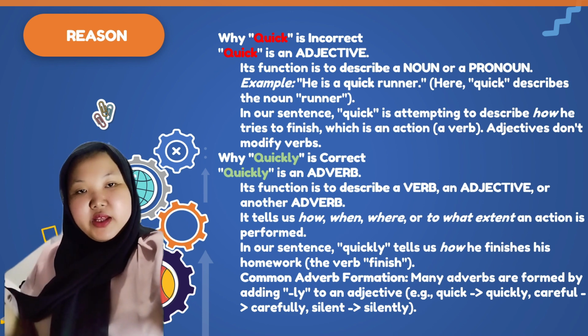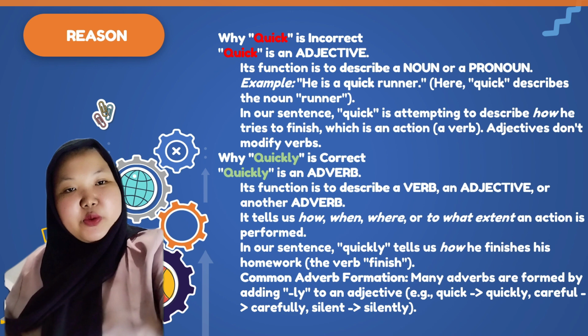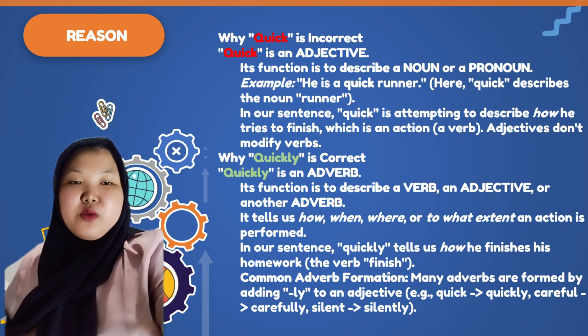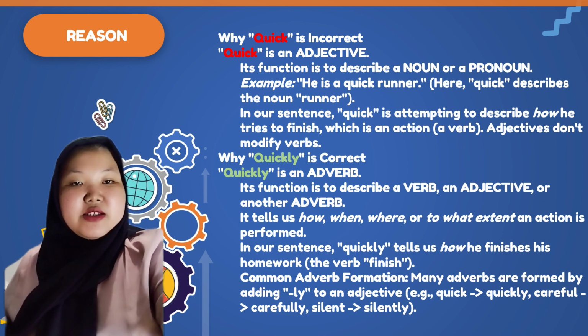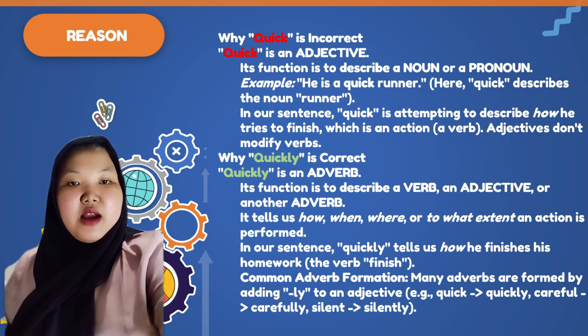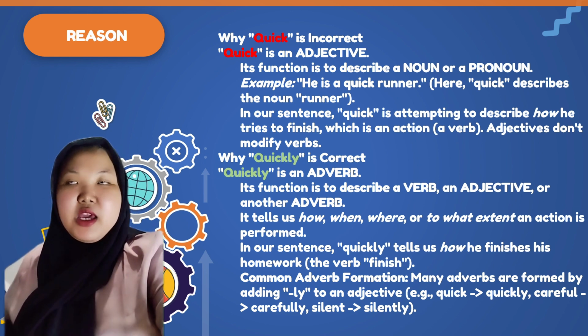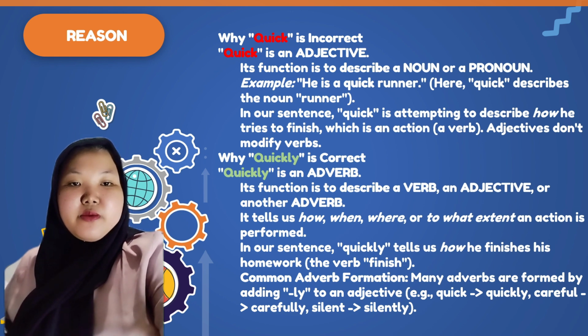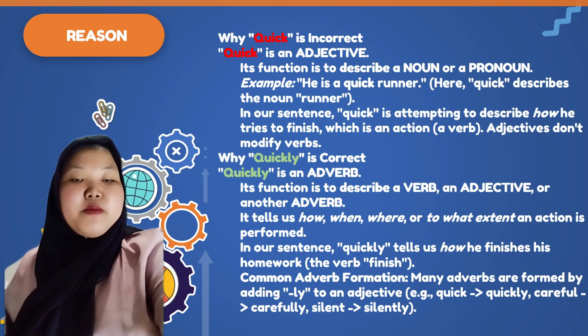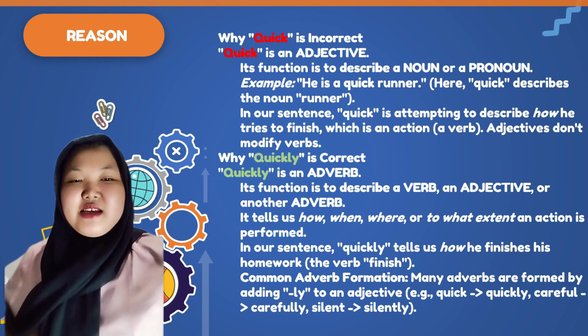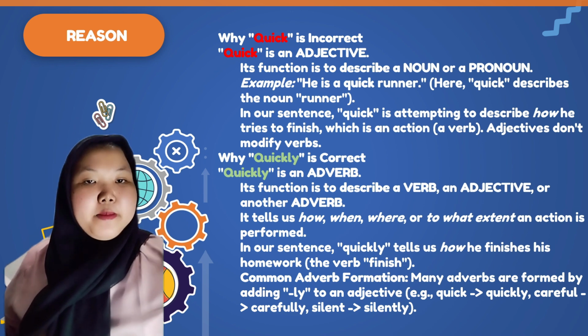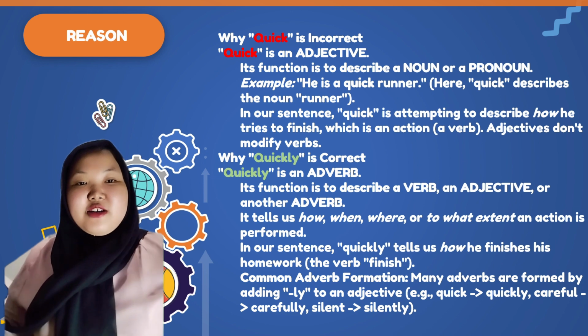Let's quickly review what we've learned today. Adjectives describe nouns. They tell us what something is like. Example: a beautiful painting, a quick runner. Adverbs describe verbs, adjectives or other adverbs.